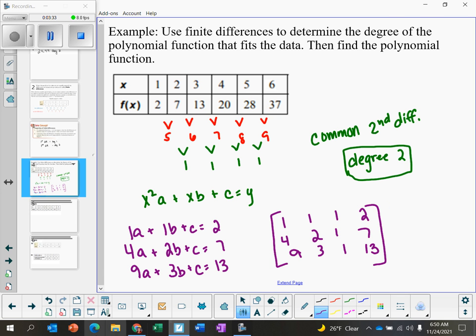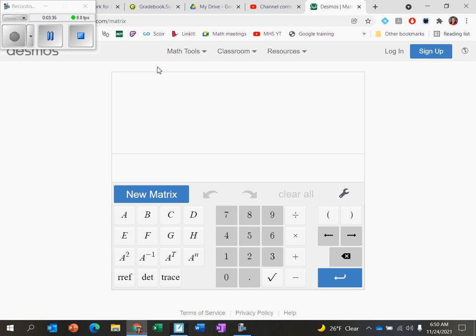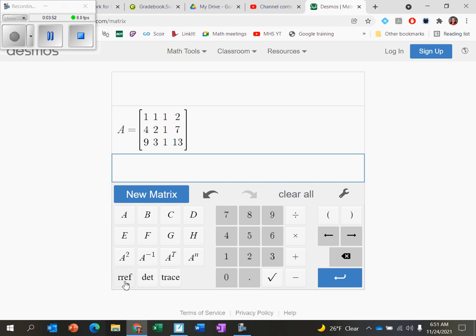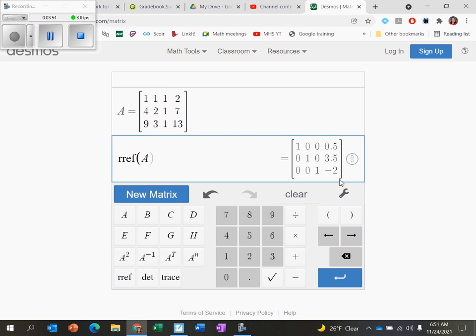So this is what I would take over to my Desmos calculator. Get a 3x4 matrix there and find the reduced row echelon form.